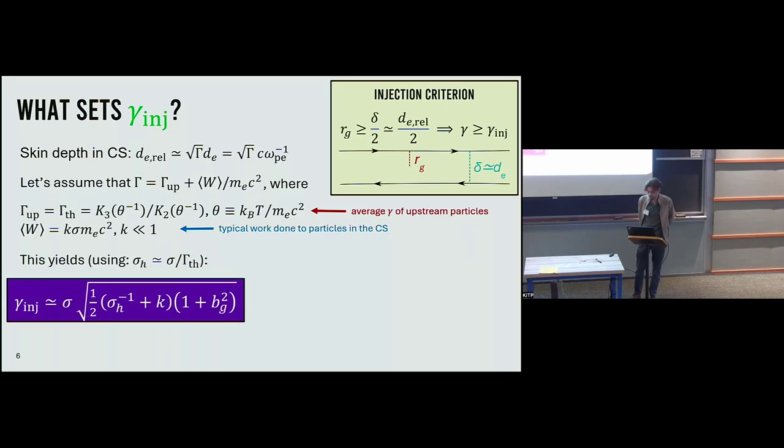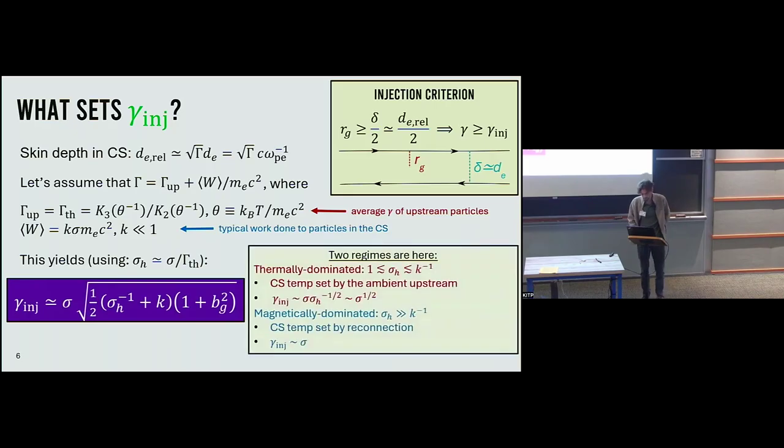What's interesting about this formula is that two subregimes of reconnection are embedded within it. There's a regime in which sigma h is less than k to the minus 1, but still exceeding 1. We can term this the thermally dominated regime because the current sheet temperature is actually inherited from the upstream.